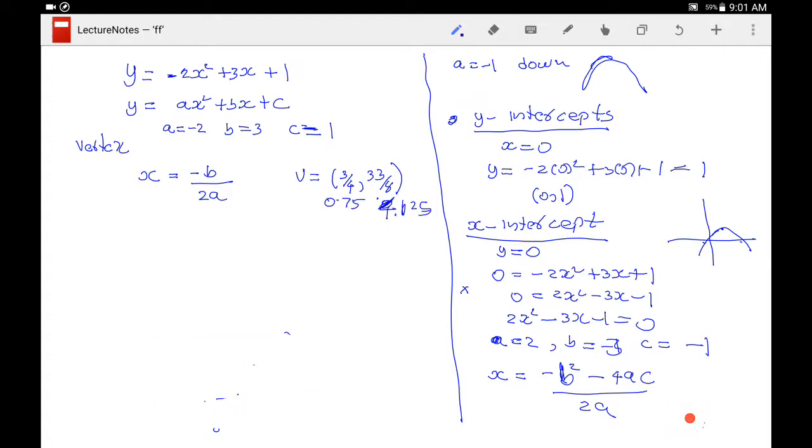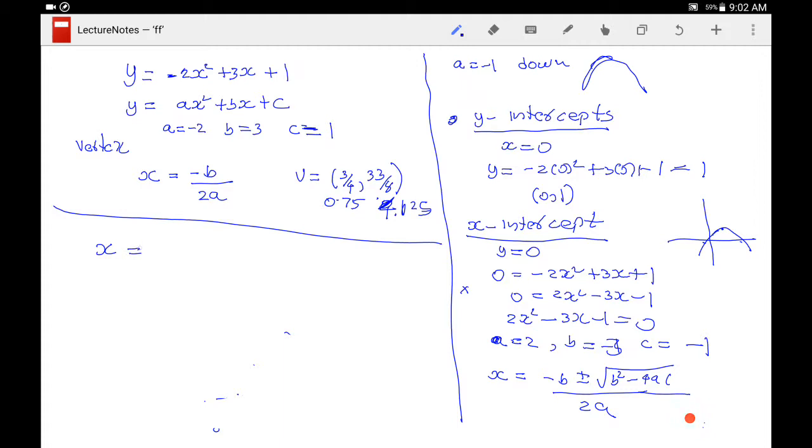Now I will solve it here. Okay, I made a mistake in the formula. The quadratic formula is x equals minus b plus or minus the square root of b squared minus 4ac, over 2a.